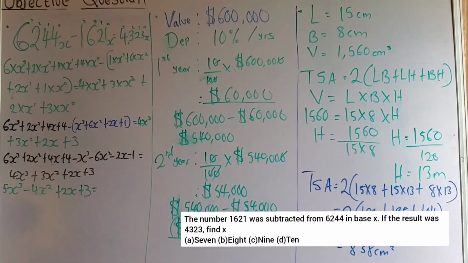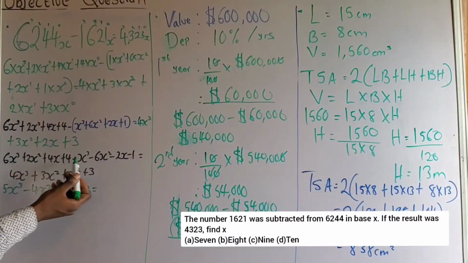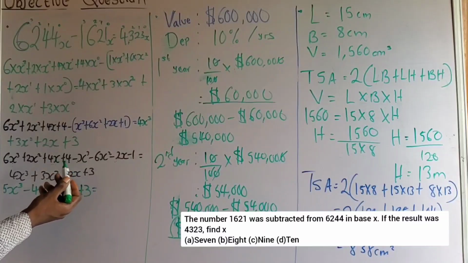You see, I've not done anything. All I'm doing is trying to collect like terms, and by collecting like terms, I mean adding the terms that are similar to each other. Based on their power, we have 6x to the power of 3 here, and negative x to the power of 3, so that is 5x to the power of 3.